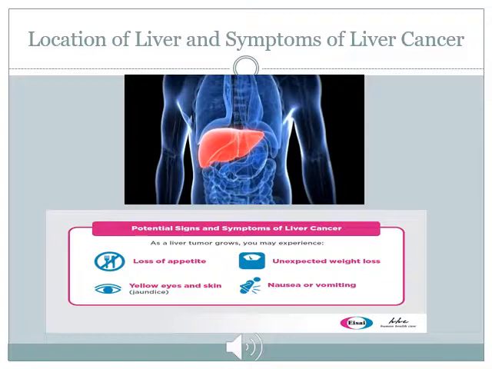Carrying on to the second image, those are the symptoms a person exhibits when having liver cancer: loss of appetite, unexpected weight loss, yellow eyes and skin, or nausea or vomiting. All of these are symptoms, and you should seek medical attention if you ever have them.